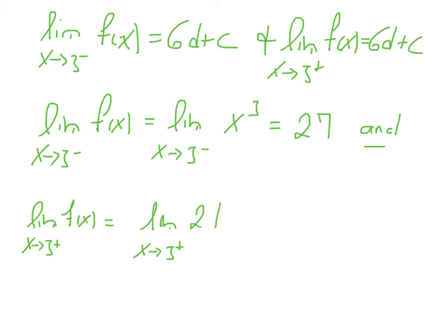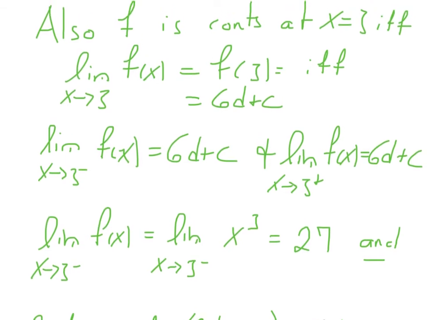So we get to replace f of x by 2dx plus c here. And when we take the limit of this function as x tends to 3, we just get the value of this function at x equal to 3, which is 2d times 3, 6d, plus c. All right, so going up, we saw that if f was going to be continuous at 3, we would need the left and right hand limits of f to equal 6d plus c.